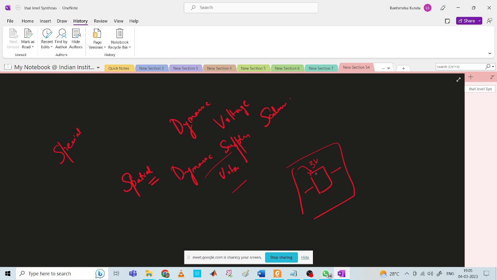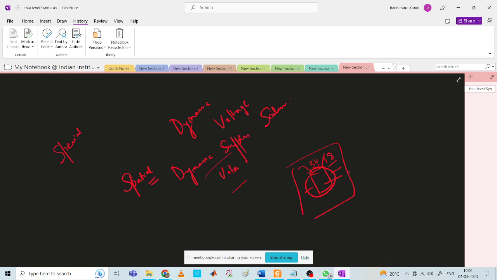Now 3 volts will also consume more power, right? But when you see that the power requirement is less, you bring down the voltage to 1.8. So this is dynamic voltage scaling. So when you bring down the voltage to 1.8, automatically this block consumes low power.